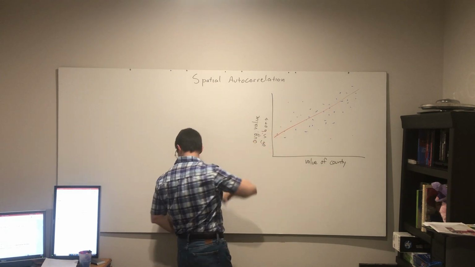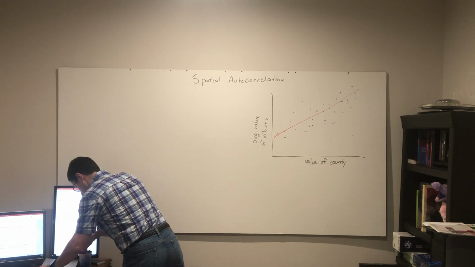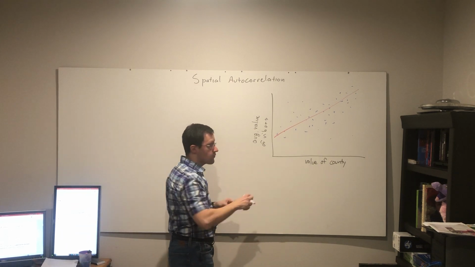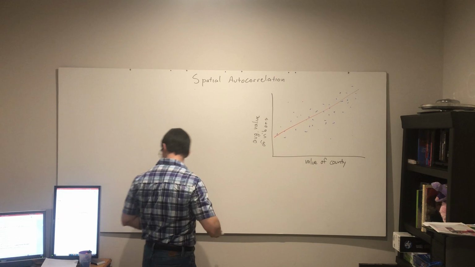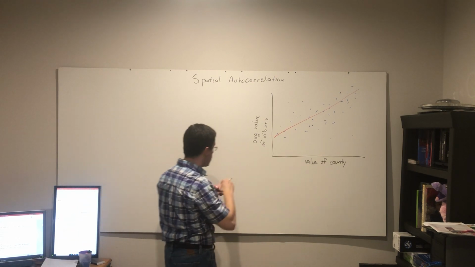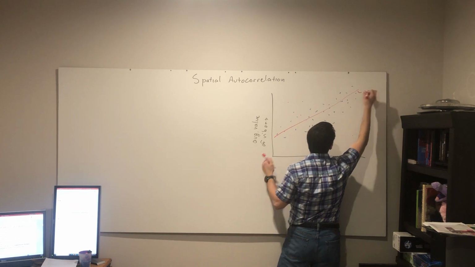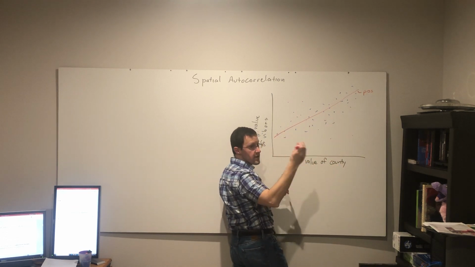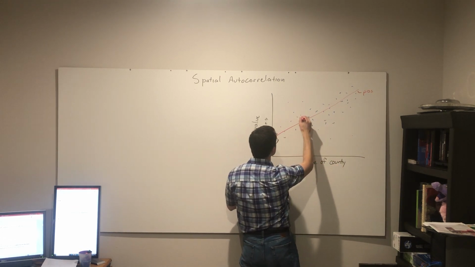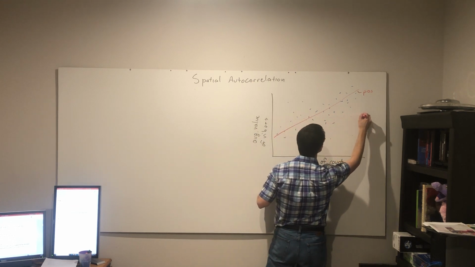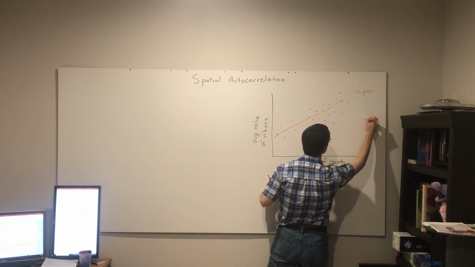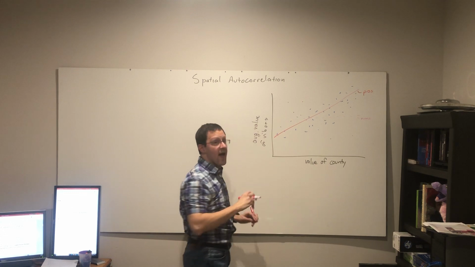If that red line, I'll draw in pink with dashes for these other hypothetical situations, and I'll mark out this as positive. If there is no relationship, it would be flat.